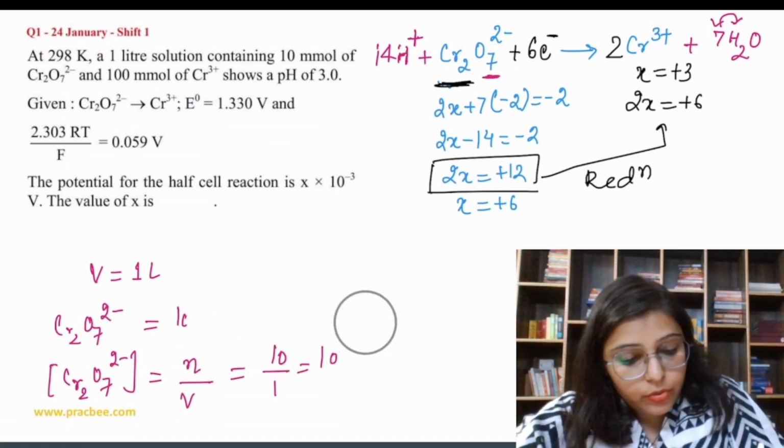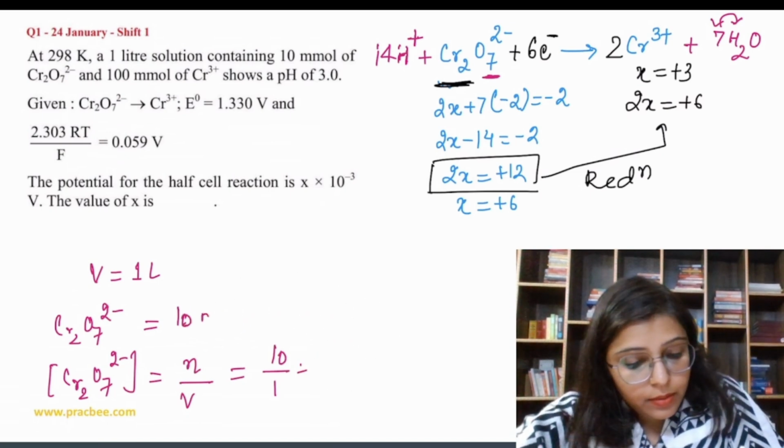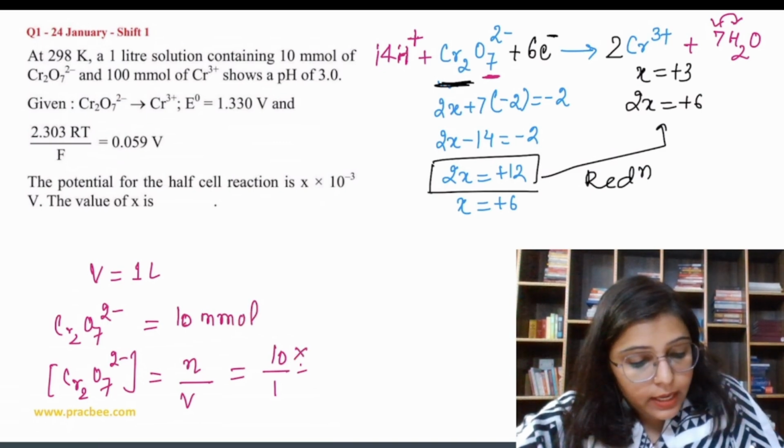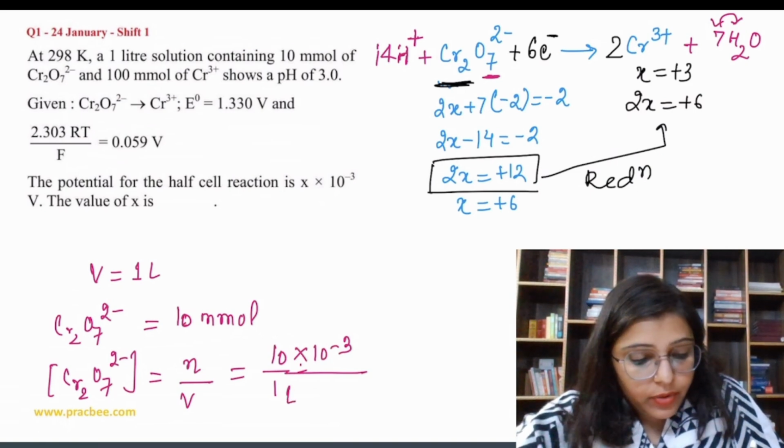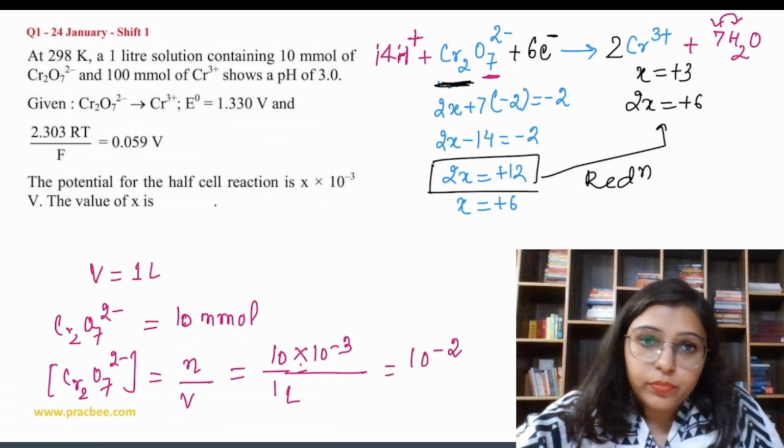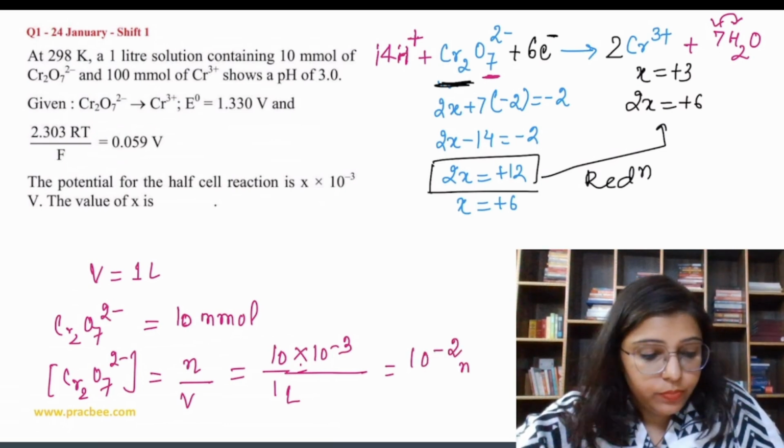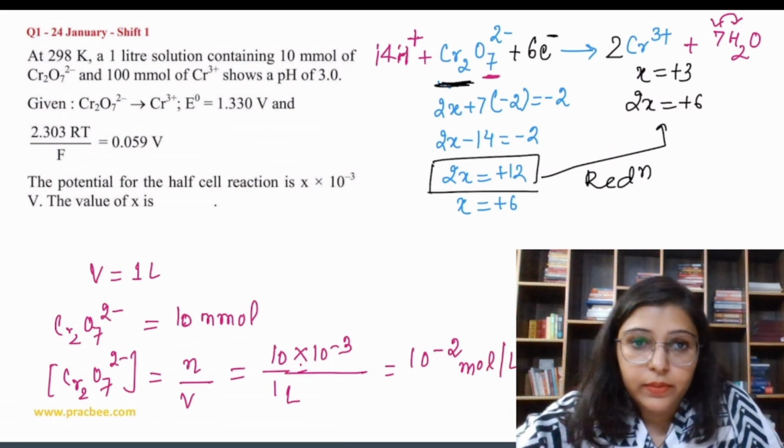This is 10 into 10 to the power minus 3, and the volume is 1 liter, so this is equal to 10 to the power minus 2 mole per liter.